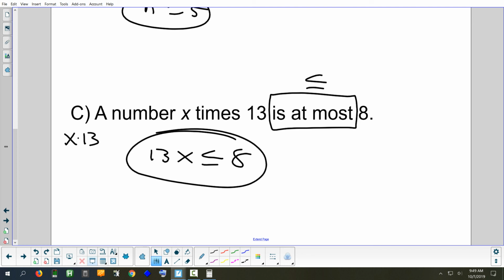Now, is this one where the letter is by itself? Is the letter all by itself on the left? No. What else is with it? 13. So you'd have a little bit of work if you wanted to get rid of that 13. You'd have to do something on each side, and it's the same thing you would do if they asked you to solve it.